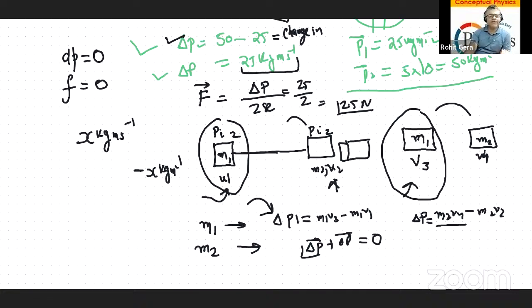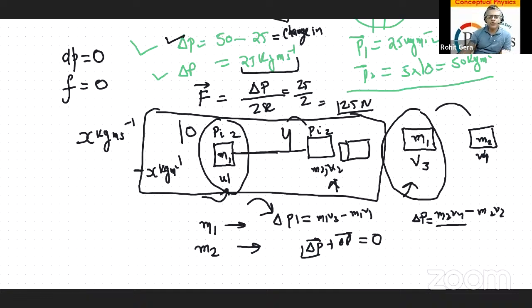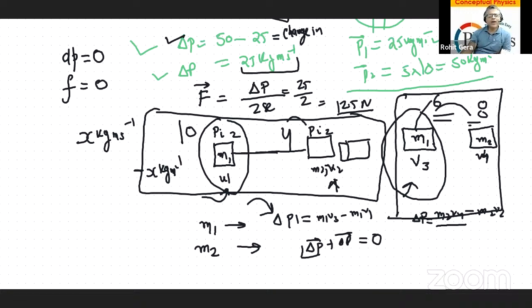If this number earlier was 10 and this is 4, the total system had a momentum of 14. And now, after the collision, if this comes out to be 6, then this will be 8, because the sum has to remain 14.